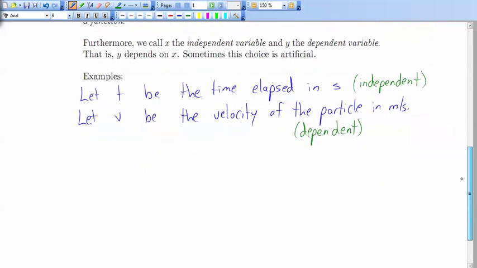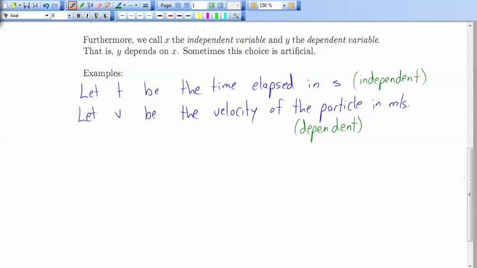Now, what makes this a function? Well, if we really think about it carefully, this is only a function if we're only going to look at this once for a particular particle. So, if I think of my particle moving around, it's got a certain time, and if we check our watch at that exact moment in time, there's going to be a unique velocity. Okay? We won't look at our speedometer and see two different speeds for our particle at the same time.